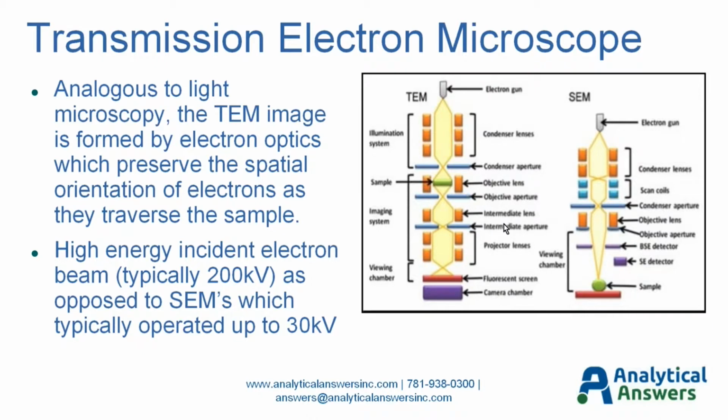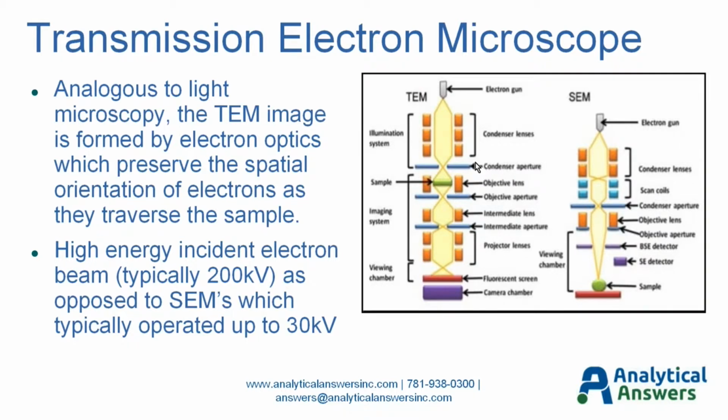And it will form a global image on a fluorescent viewing screen, which we can also capture using a digital image capture camera. The combination of these objective, intermediate, and projector lenses determines the magnification at which we view this image. But again, it's an instantaneous global image of the sample, not a raster scanned image as we form doing our conventional SEM microscopy.